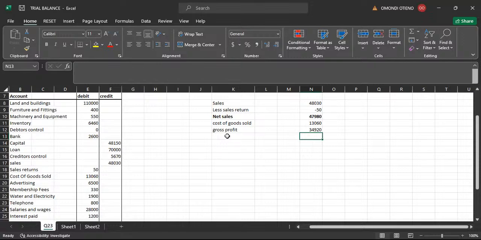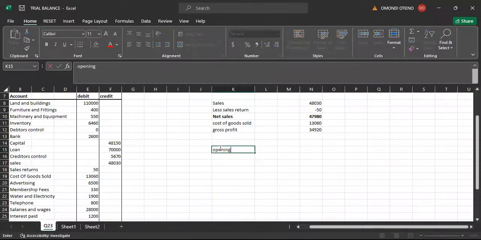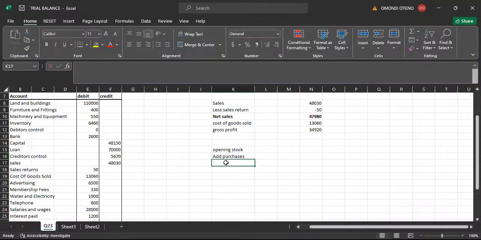Yes, Ododa, that is a good question. So yesterday, we normally get our net sales. How do we get gross profit? It is the sales minus the cost of goods that we've sold. Those costs are directly related to the goods. So, for example, we are going to have opening stock, then we add purchases, taking just a simple one here.